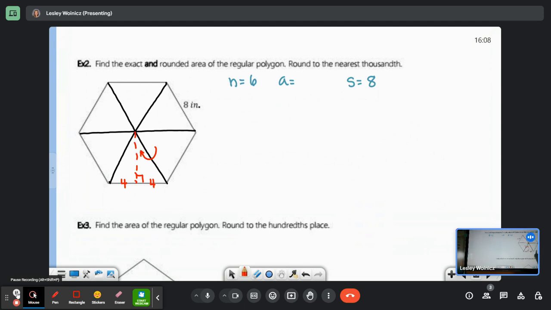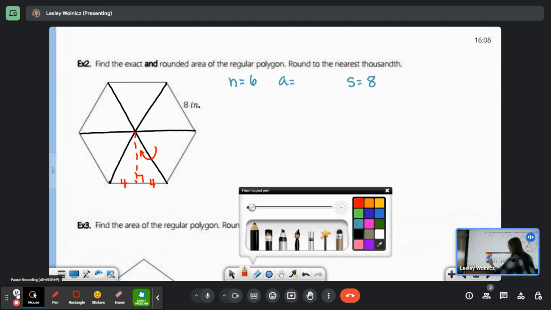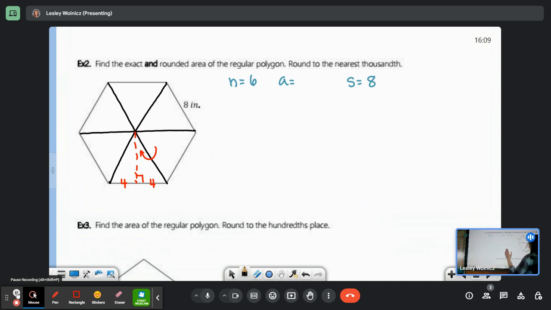Yeah. All right, so our next step is that we have to find the central angle. So I can rotate 360 degrees. How many wedges have I got to chop the 360 into? 6. Yep. So I'm going to take the 360, divide it by 6.